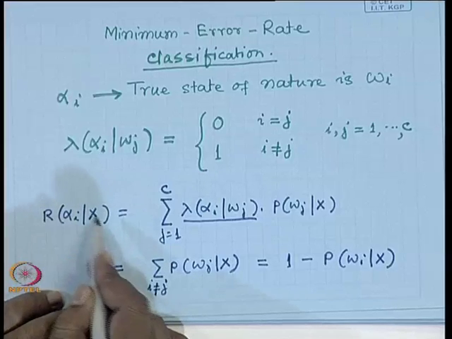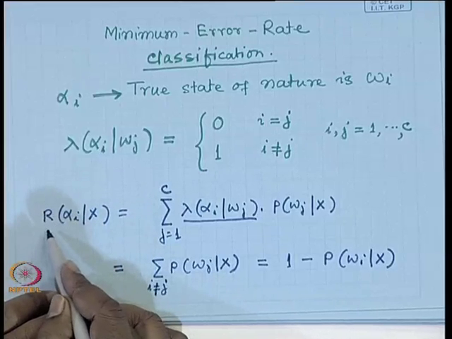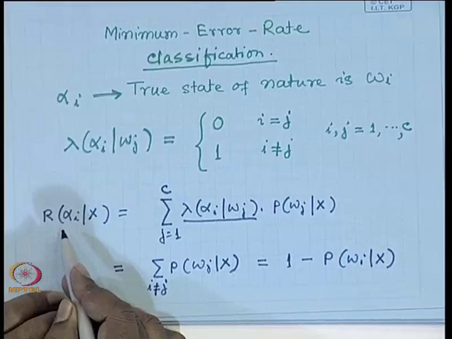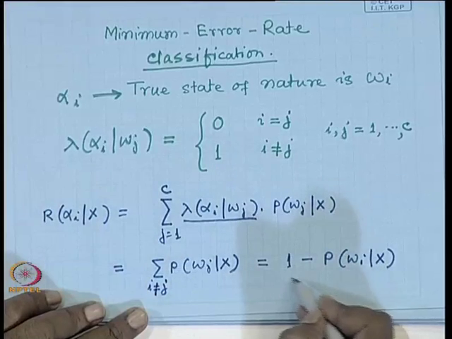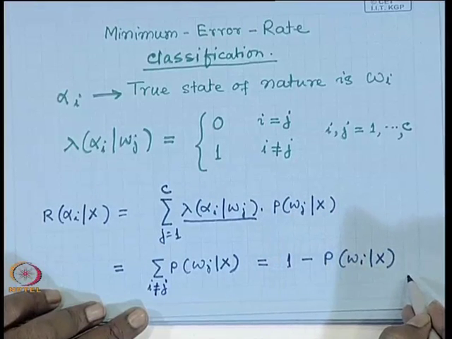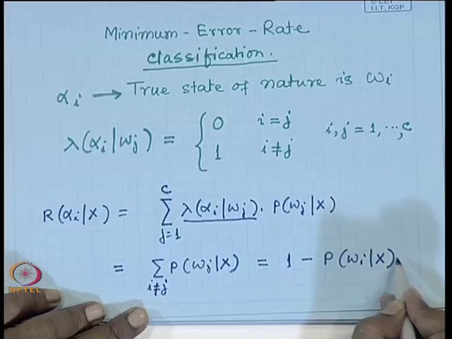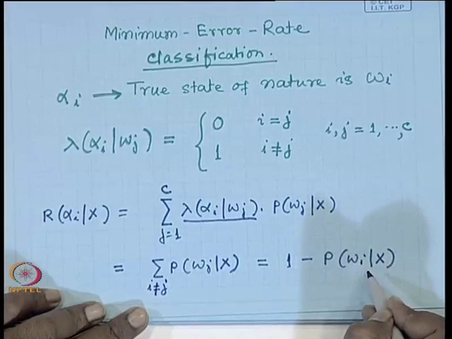So, if I want to minimize this risk function, that means this term has to be minimized, and if I want to minimize this, then this p of omega I given x has to be maximized.